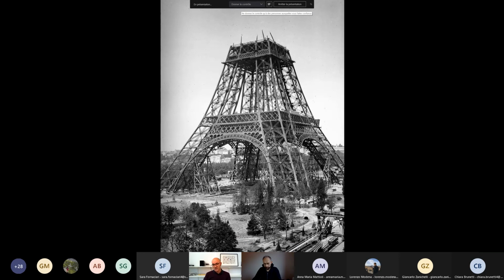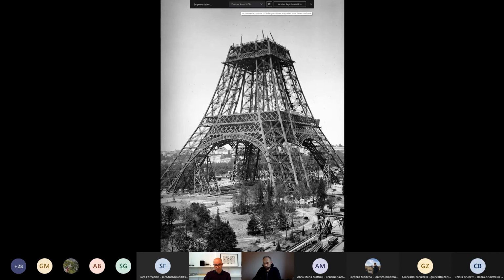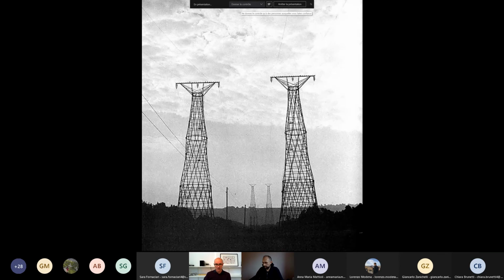In fact, what I like in this is that this is full of voids, this is full of matter, and this is full of voids, and it's very much in tune with what I was interested in, and what I'm still interested in, by the way, in the discipline of architecture.